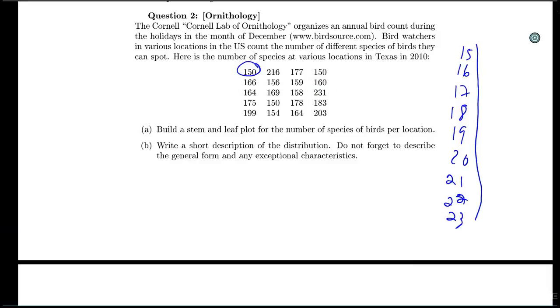Okay, and so if I start with 150, and so we have 156 as well, so I'll write them down. So 150, 156, I have 150, and then 159, 158, so 159, 158, so these all, whoops, 158, not 178, okay, and then what else do I have?